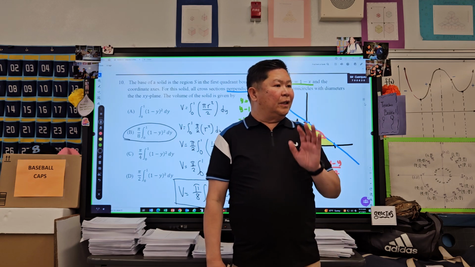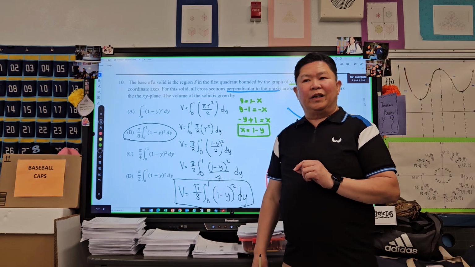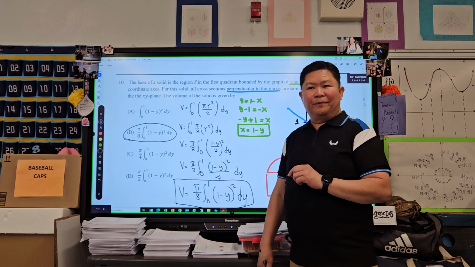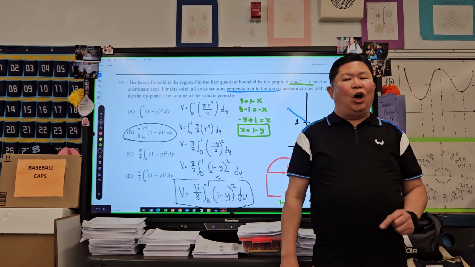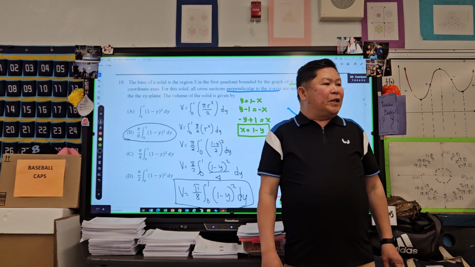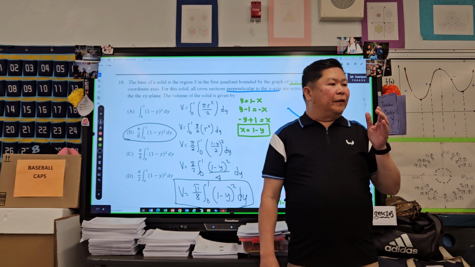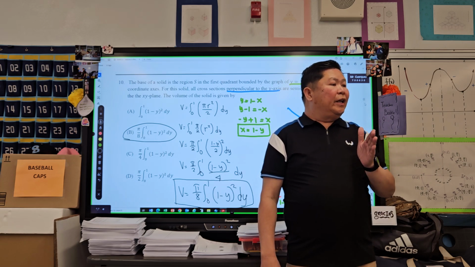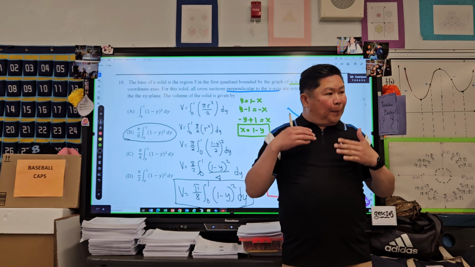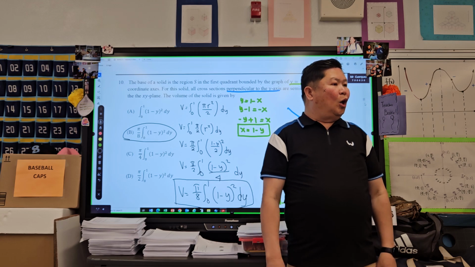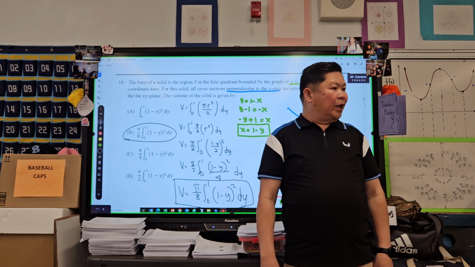I hope you still recall your geometry. And then recall also the special type of triangle, because the 30, 60, 90 special triangle applies to this problem all the time. Okay?